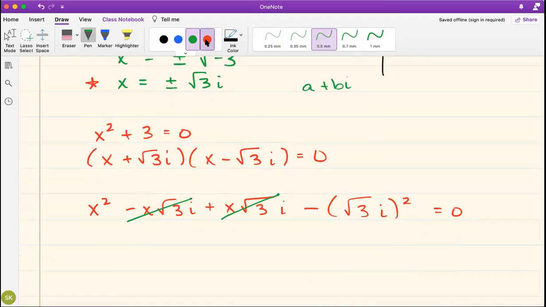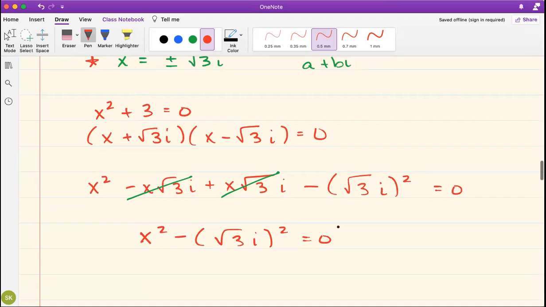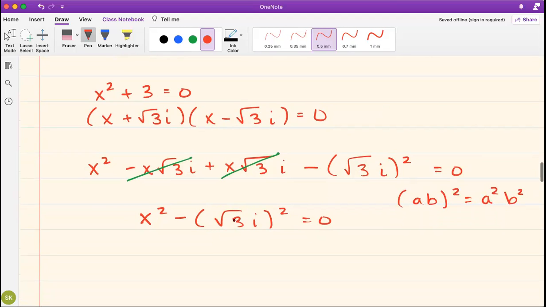And then if we square this piece, we get x squared minus square root of 3i squared is equal to 0. And remember, if you have two things being multiplied and you want to square them, you can square each piece. So here this is my a and this is my b. So this is the same thing as x squared minus the square root of 3 squared times i squared is equal to 0.